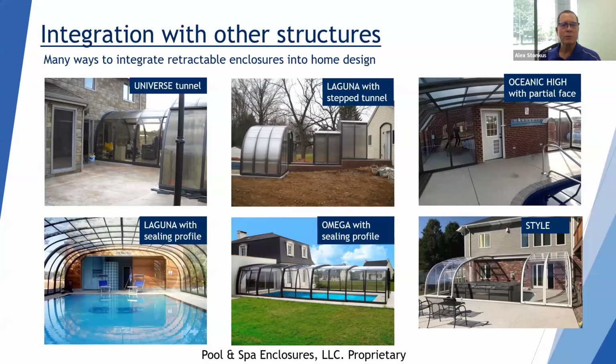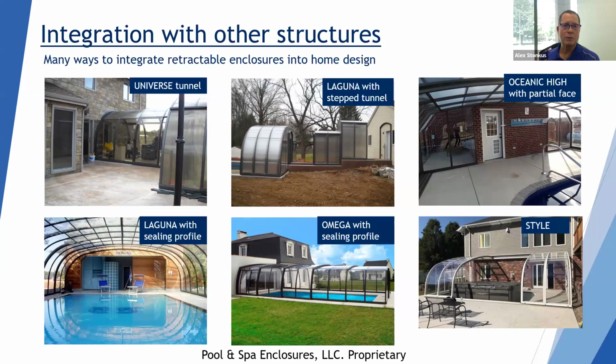The bottom left one shows the Laguna ceiling profile. Basically, what we end up doing here is we put a ceiling profile, which is, think about it like a gasket. That gasket is attached to the side of the wall, and the enclosure then just butts up to it. So it's not attached to it, which gets away from a lot of towns and cities that say you can't attach the enclosure.